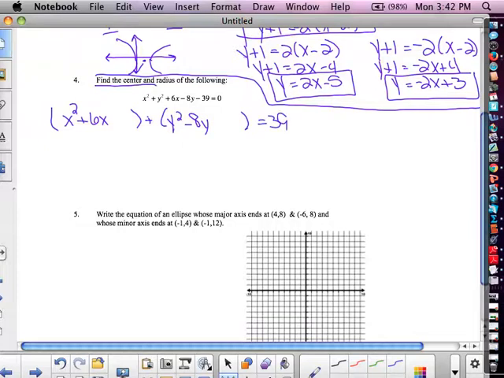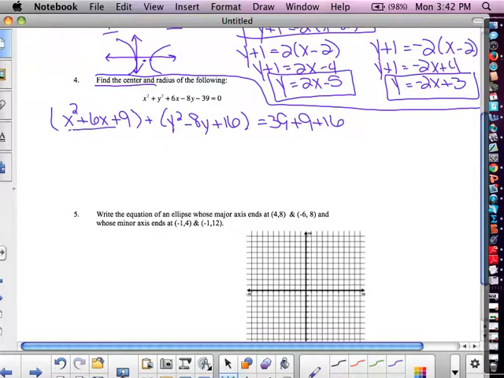Complete the square on the x's, means I'm going to take 6 divided by 2 and square that. That's 9. I'll add 9 to both sides. Then I will take 8, divide that by 2 on the y, and then square that, and I will add 16 to both sides.